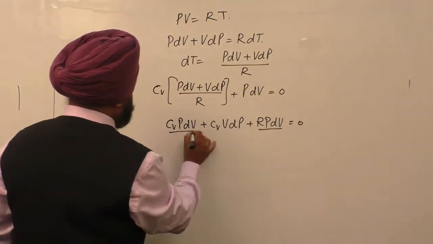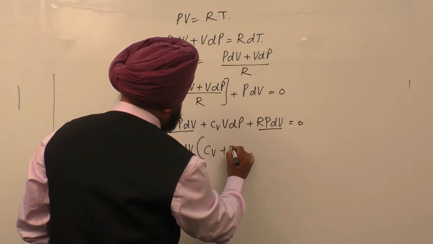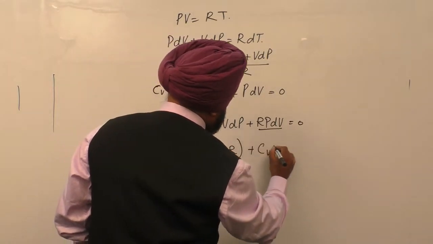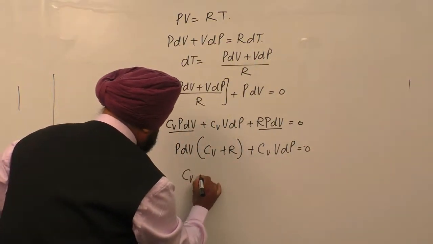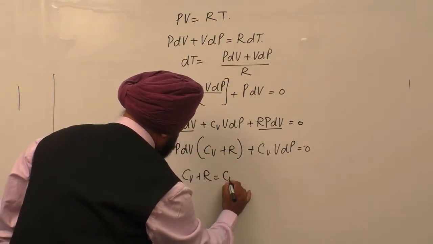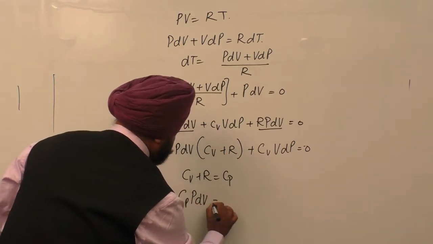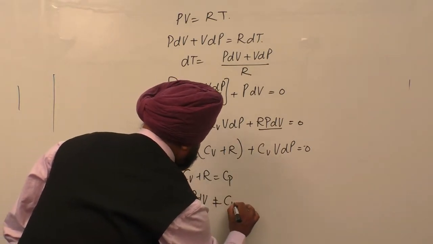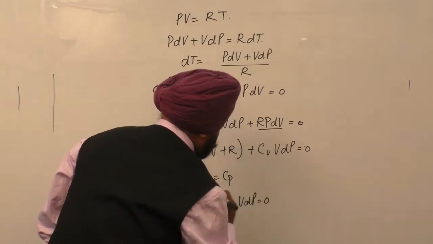This term and this term have pressure into dV common. So Cv plus R we will have here, plus Cv into V times dP will be 0. So Cv plus R is equal to Cp. So pressure into change in volume into Cp plus Cv multiplied by V times dP will be equal to 0.